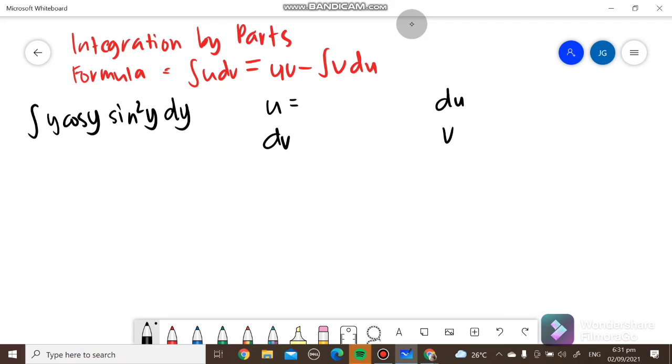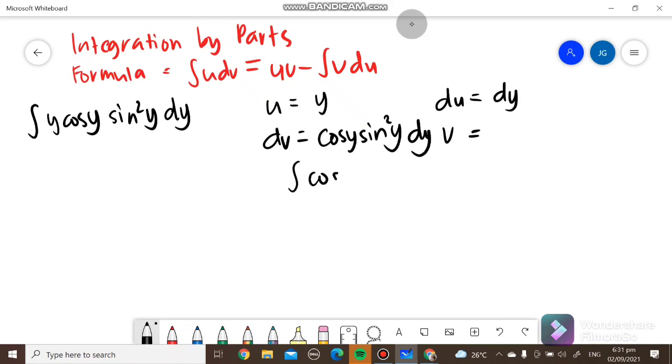So, we set the value of u as y, and the derivative of y is dy. We set dv as cosine y sine squared y dy. And our v value is just the integration of this, cosine y sine squared y dy.